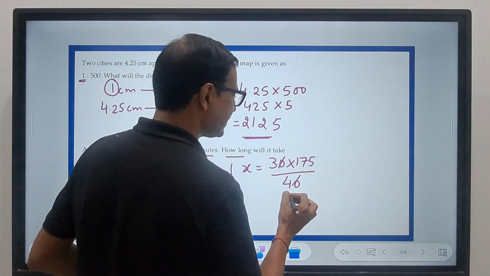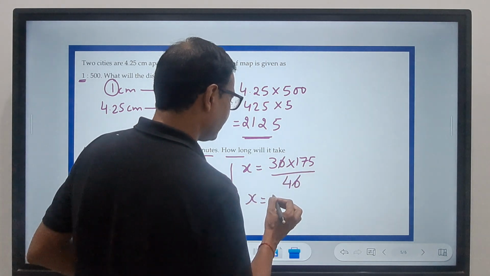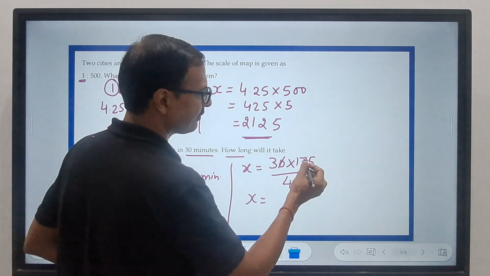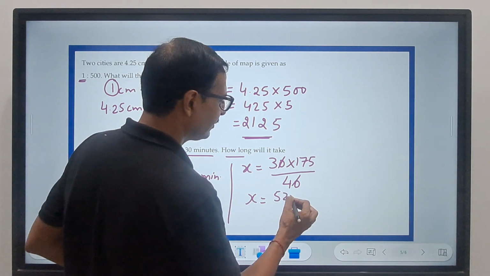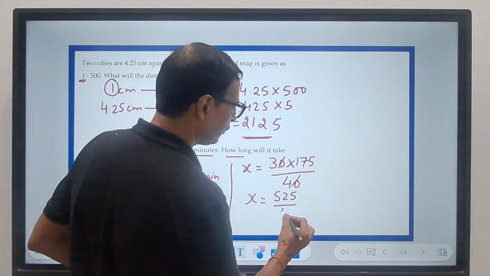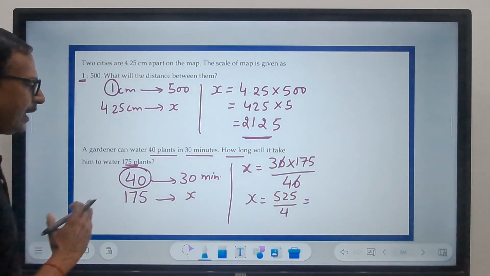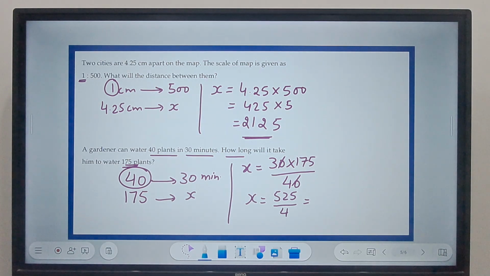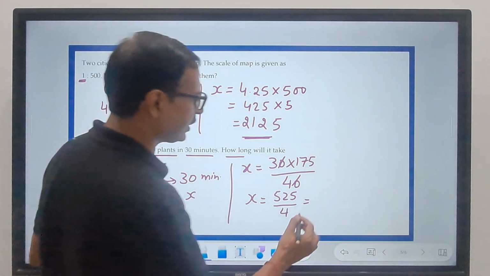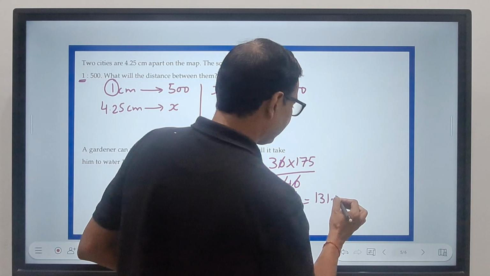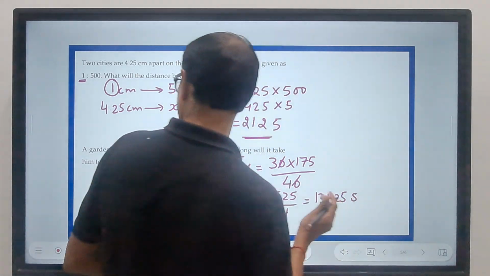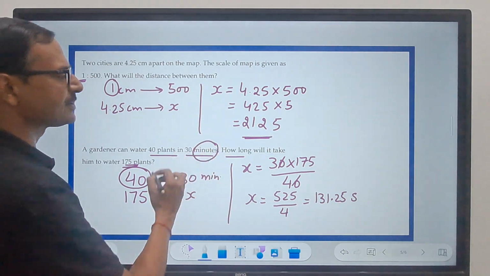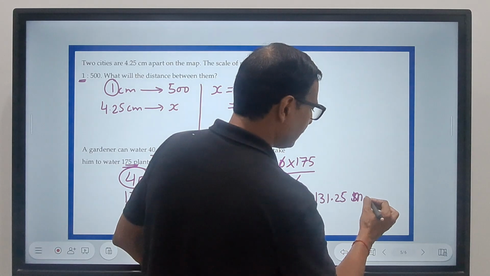So the 0 cancels out. X is 3 times 175 is 525 and divide that by 4, you will get 131.25 seconds. I think that is seconds, right? No, it's minutes. So the answer is in minutes.